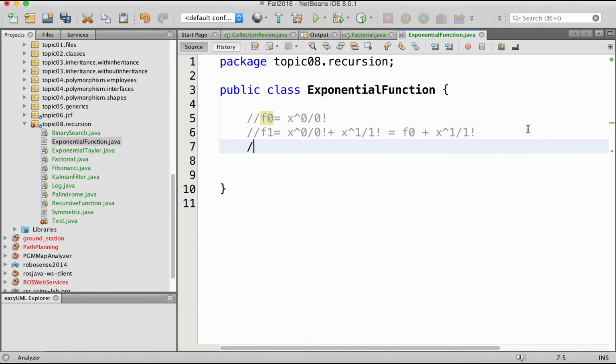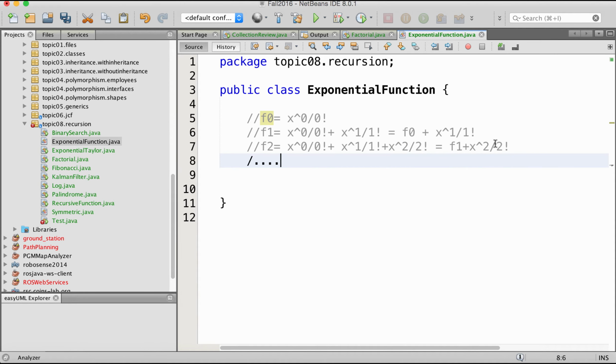Now if I want to make f(2), what's the value of f(2)? It's going to be all of this sum plus this, which is equal to what? f(1) plus this.